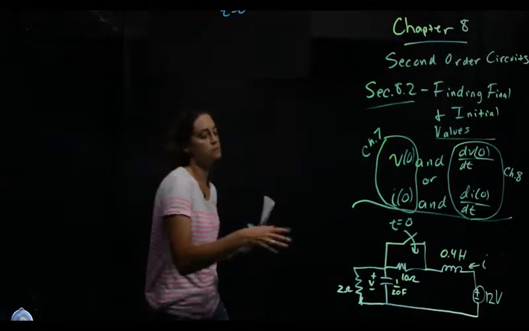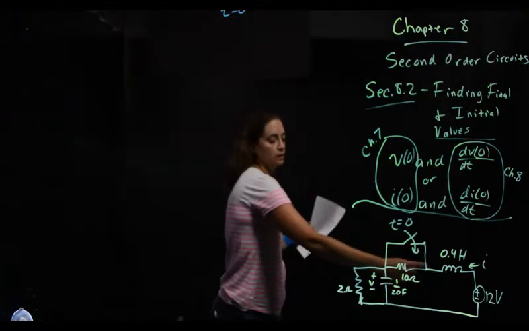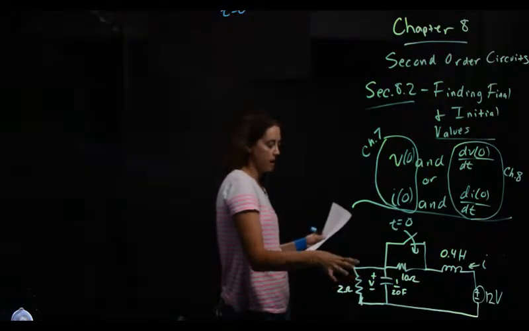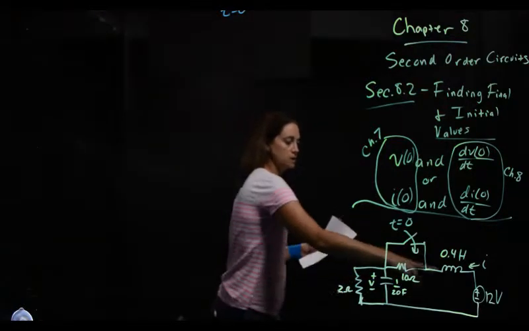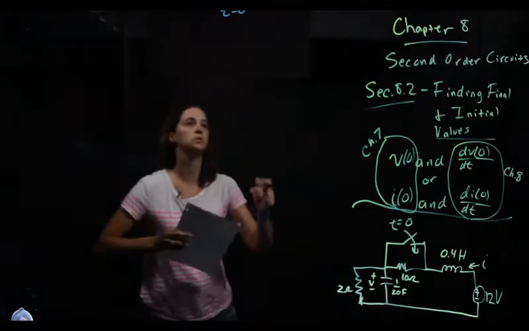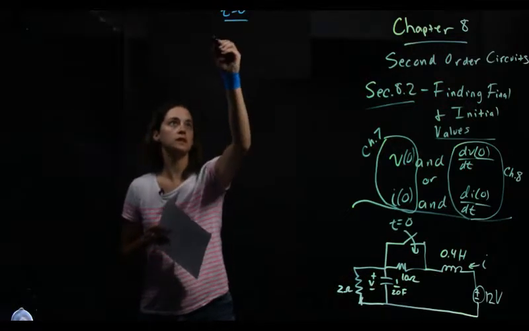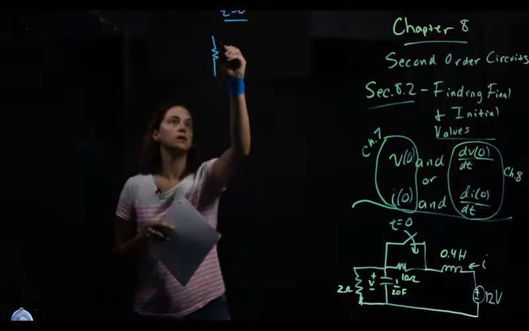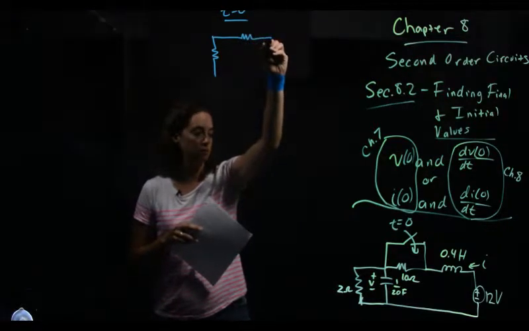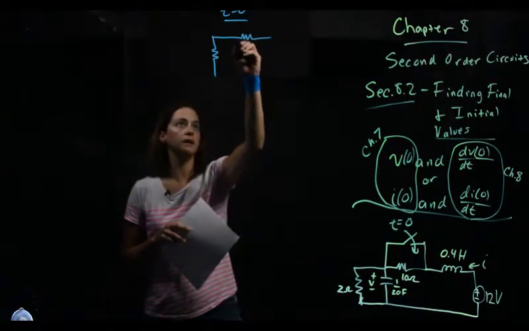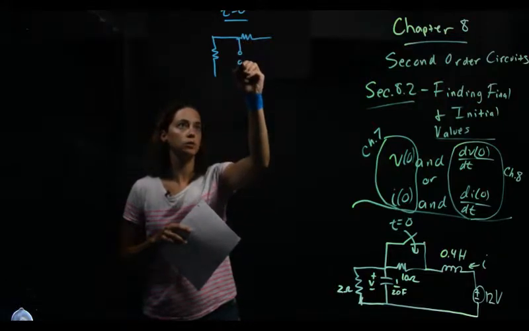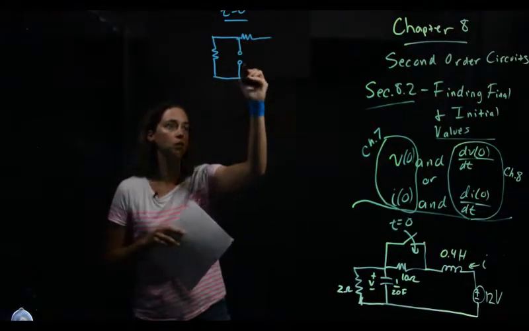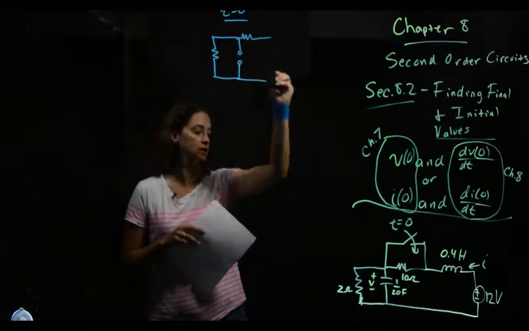So right before time 0, this switch is open. We have a DC circuit, and our inductor will look like a short, and our capacitor will look like an open. So let's draw that circuit. Switch is open, and my capacitor will look like an open in DC. That's from Chapter 6.